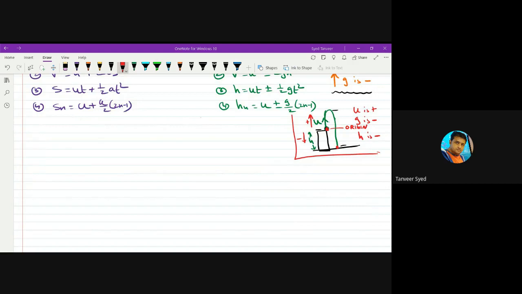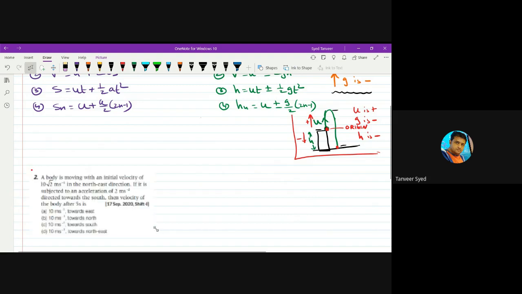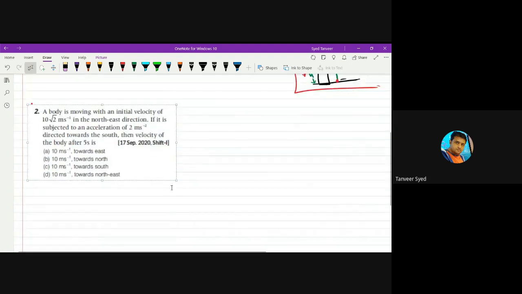Now see what kind of questions have been asked in recent years based on these kinematic equations or based on acceleration. A body is moving with initial velocity 10 root 2 meter per second in northeast direction.